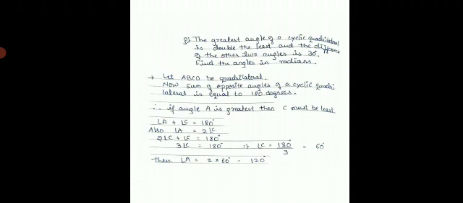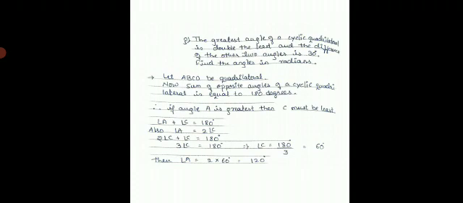Therefore, here let us consider, if angle A is greater, then its opposite angle C must be the smaller one. Therefore, the sum of these two angles will be equal to 180 degree.